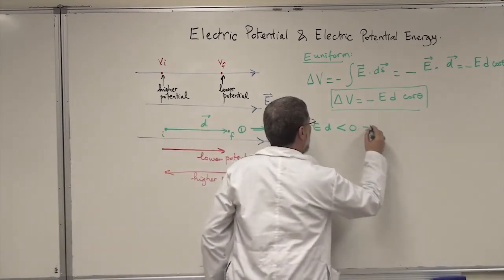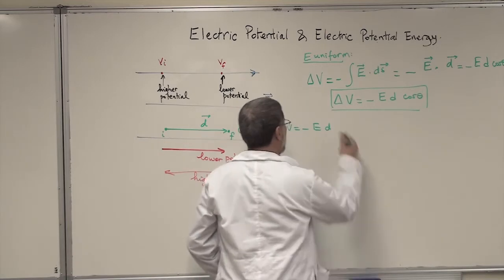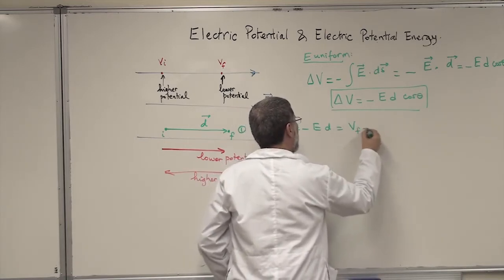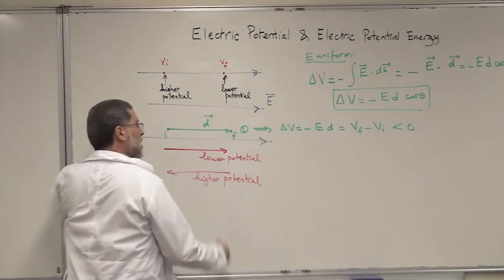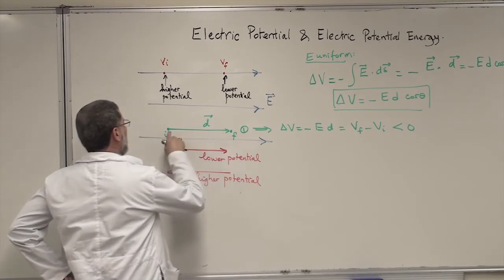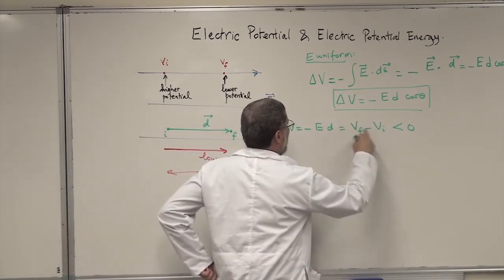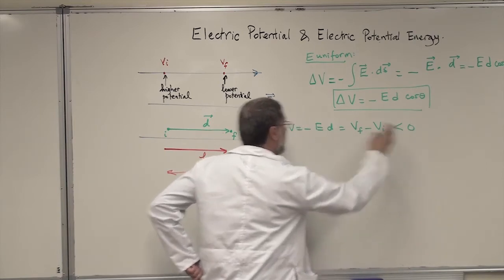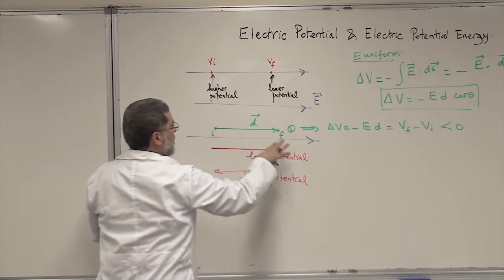This is VF minus VI, and this is negative. It means that the electric potential at this point is less than the electric potential at this point. This is 50 and this is 100, so 50 minus 100 will give you a negative number. You have to understand this point. We said it many times.